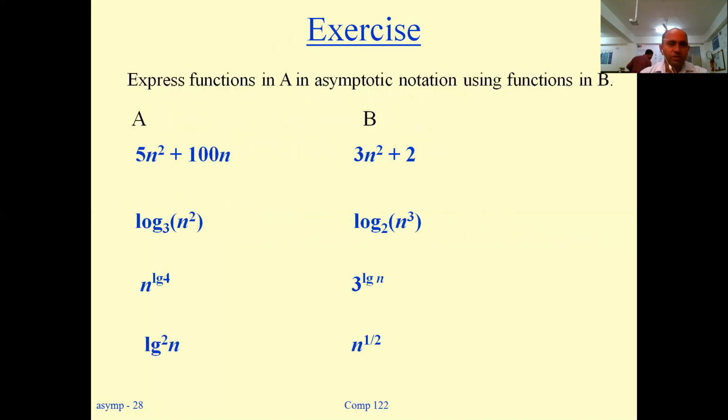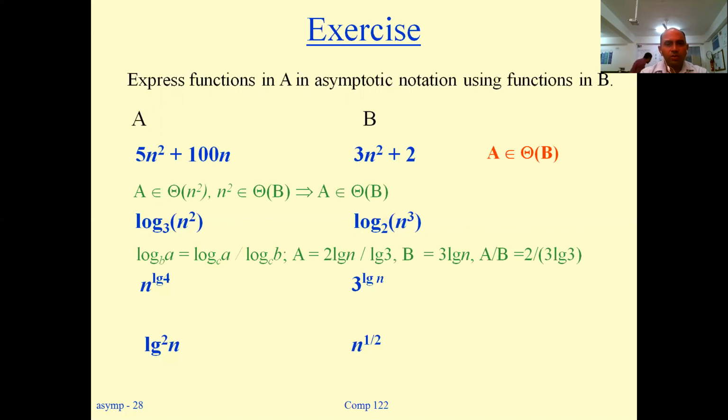Here are some exercise questions. Suppose there are two functions a and b. We have to find the relation between a and b. For the first example, a is equal to theta of n square and n square is equal to theta of b, so we can say a is theta of b. For the second, we have a as log n square base 3 and b as log n cube.